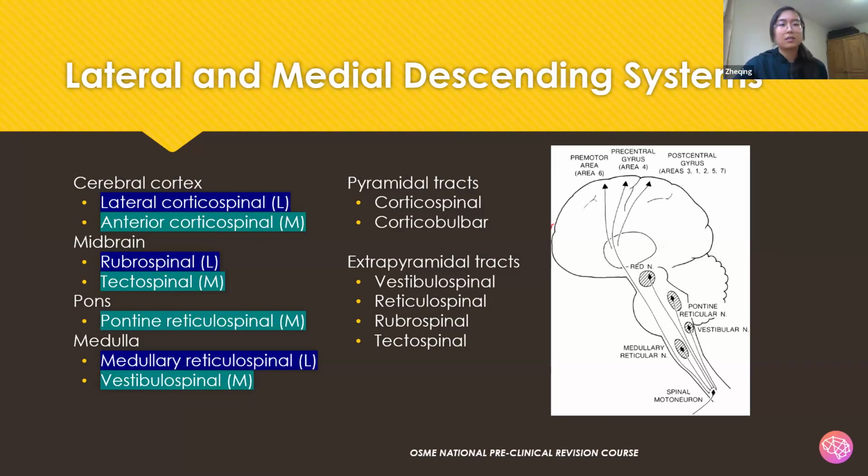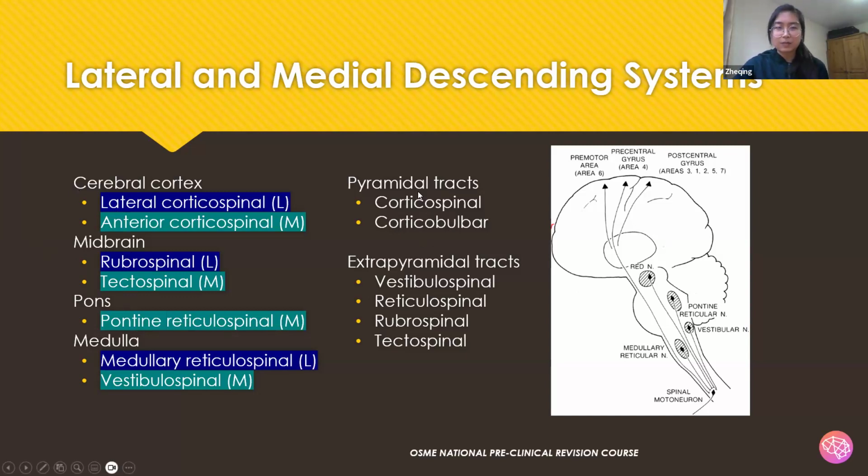Those that originate in the midbrain are the rubrospinal and tectospinal, and only one originates in the pons, which is the pontine reticulospinal, also called the medial reticulospinal tract. So don't get confused, they're the same thing. Then you have those that originate in the medulla, the medullary reticulospinal, which is the same as the lateral reticulospinal tract. And finally, you have the vestibulospinal.